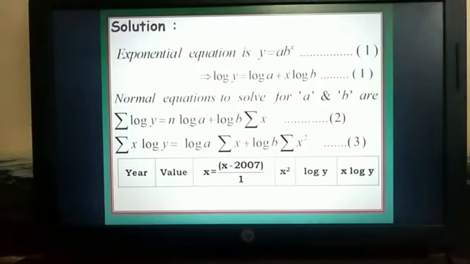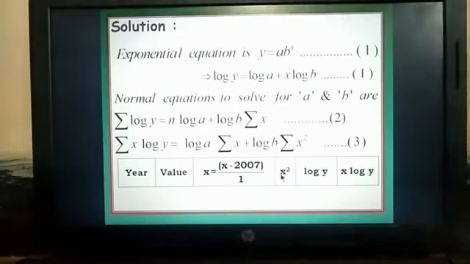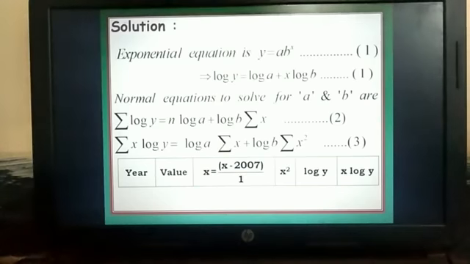In that a value, we don't take any arithmetic mean of 2 years, so c need not be 1 divided by 2, it will be only 1. That's why the multiplication by 2 will not be present. Fine. And the other procedure will remain the same.